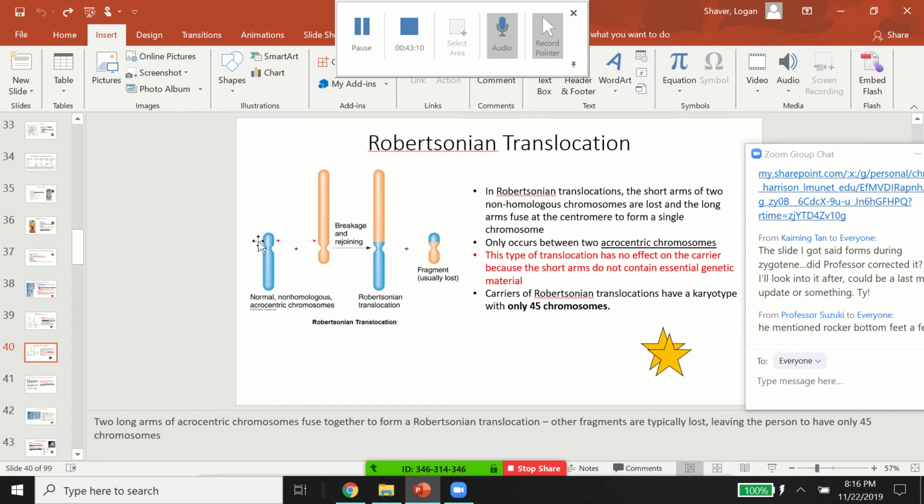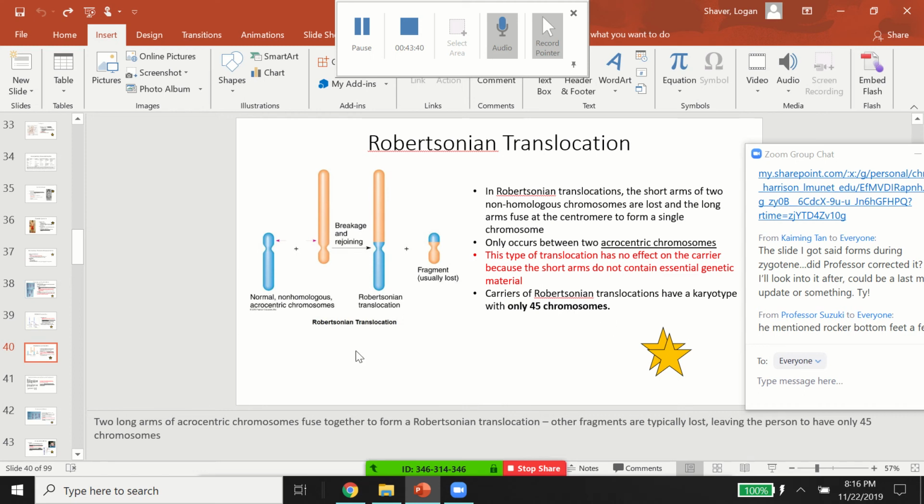That would be cutting off this top part here and the bottom part of this one, and that entire fragment's gone, but then you only have the long arms of both of them combined into one chromosome. And of course, that has to happen between two acrocentric chromosomes because that's the only way you could have small enough fragments in order for them to be lost. Because if it was a submetacentric chromosome, then there's still a relatively long P arm.